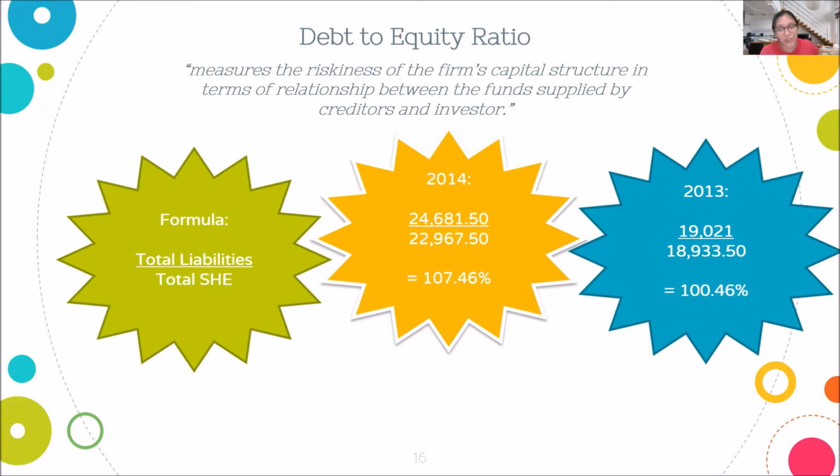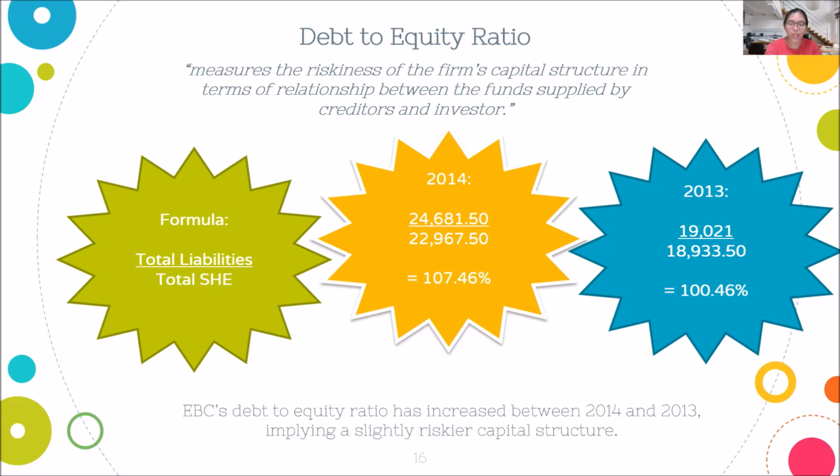So it only shows that we really have several debts in 2014 compared with 2013. Okay, the debt equity ratio increased between 2014 and 2013, implying a slightly riskier capital structure. Only slightly, right?